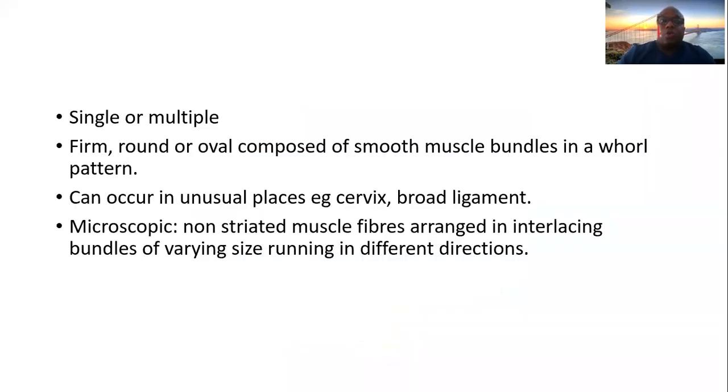Okay, so fibroids can be single or multiple, and they tend to be firm, round or oval, composed of smooth muscle bundles in what we call a whorl-like pattern.